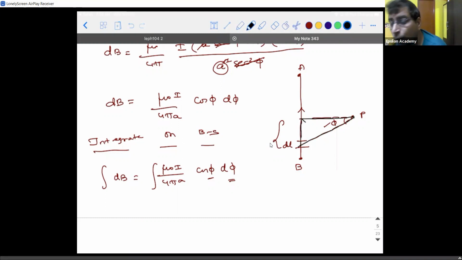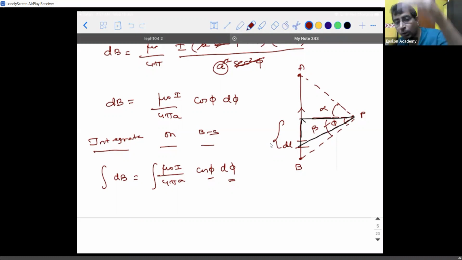But for that phi to vary and cover the whole conductor, what we are supposed to do is, from the endpoint, join the point P, from the bottom, join the point in such a way. You have that horizontal line, right? Let's say this angle is alpha and this angle is beta.